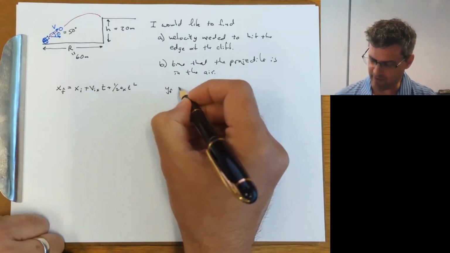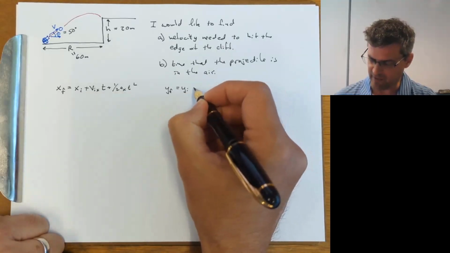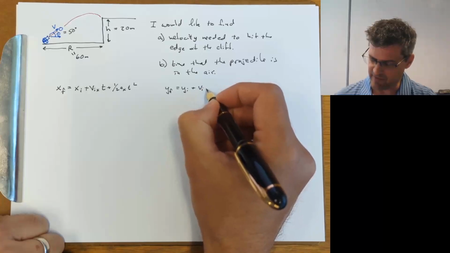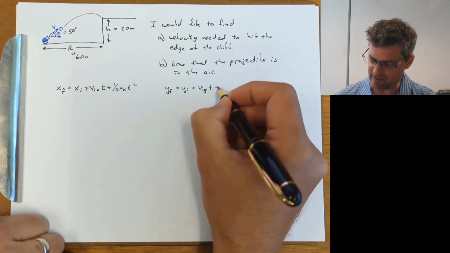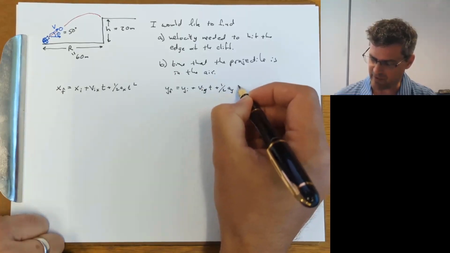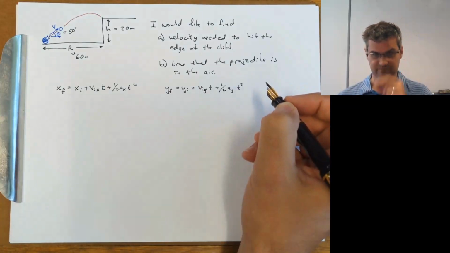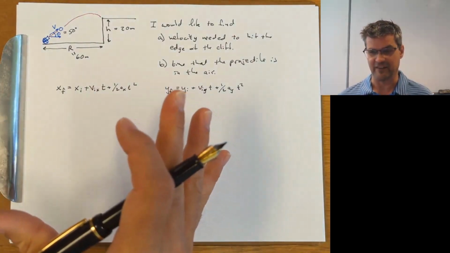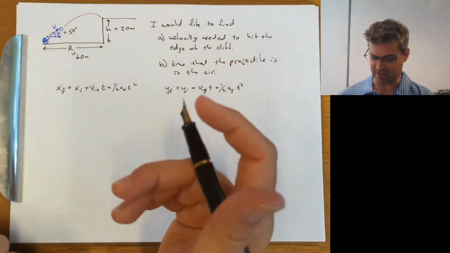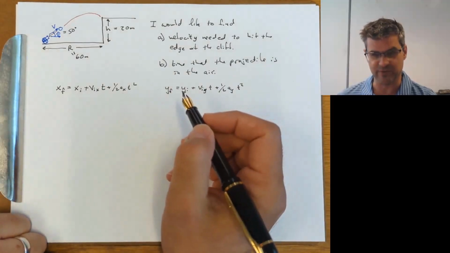And I know that y final is equal to y initial plus v initial in the y direction t plus 1/2 a in the y direction t squared. I don't have to do any thought. I'll figure out what I need from this later, but these are things that I know are true.